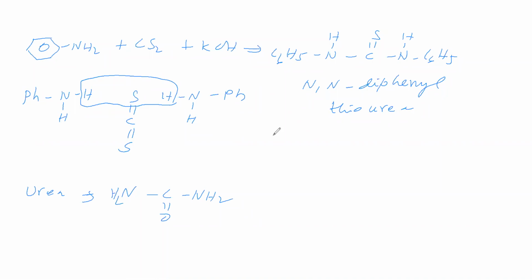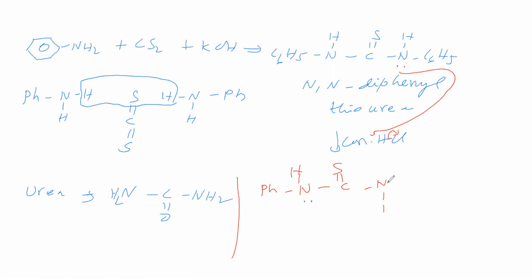Next, it is reacting with concentrated HCl. Concentrated HCl means H plus is attacking this N. This N is having a lone pair. This lone pair is attacking this H plus. This bond is migrating to Cl. So we are getting C6H5, phenyl, NH, then C=S.